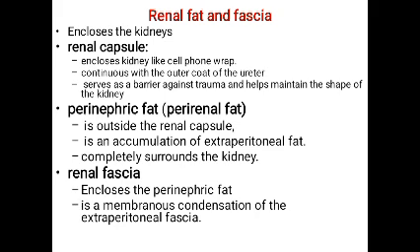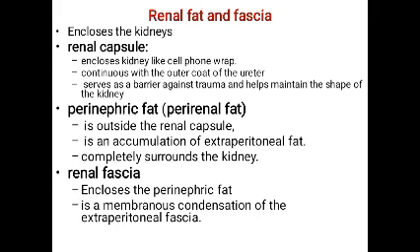The renal capsule encloses the kidney like a cellophane wrap, is continuous with the outer coat of the ureter, serves as a barrier against trauma and helps maintain the shape of the kidney.